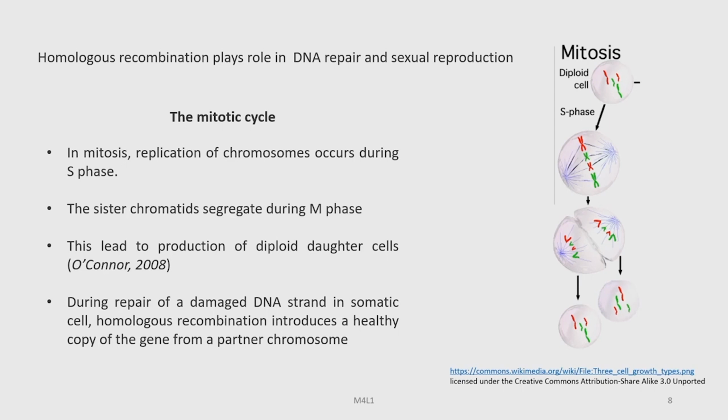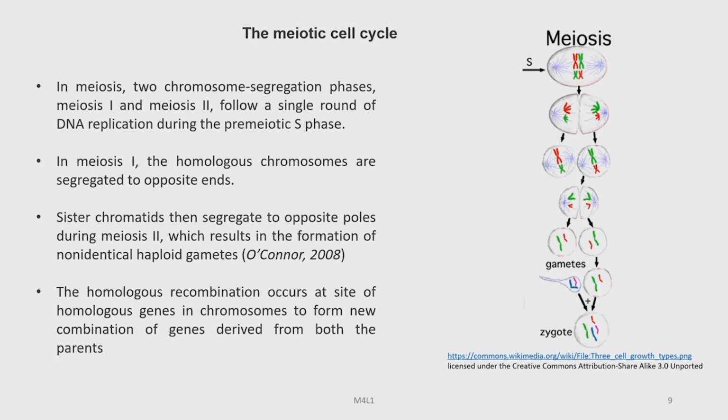While in the meiotic cell cycle, there are two chromosome segregation phases, meiosis 1 and meiosis 2, and they follow a single round of DNA replication during the premeiotic S phase. In meiosis 1, the homologous chromosomes are segregated to opposite ends.